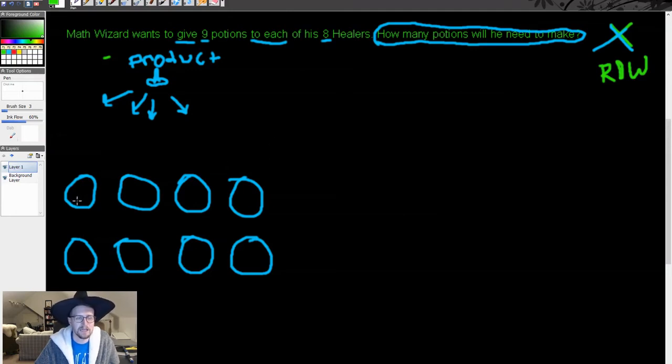So while I know to draw this because I'm spreading things out, I'm giving something out to each of 8 healers, I don't think I want to make 9 dots inside each of these. I think I can visualize this by saying, all right, here's who I'm sharing with, and I'm then just going to label each one with 9.